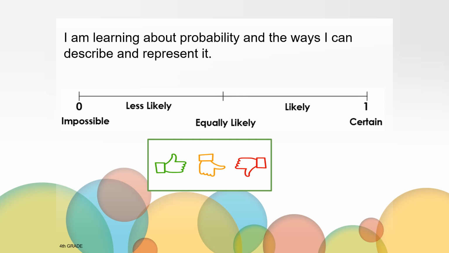If you think you could describe the probability of outcomes occurring with words and on a number line, give a thumbs up. If you're still learning how to do this, give a thumb to the side. If you think you need more help from someone at home or a teacher, put a thumb down.